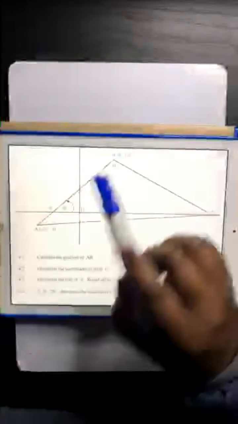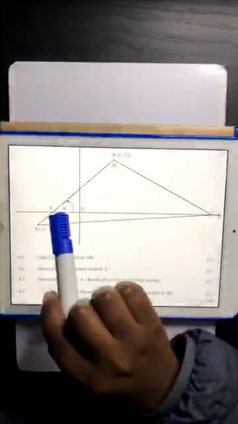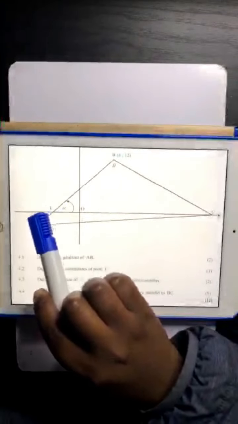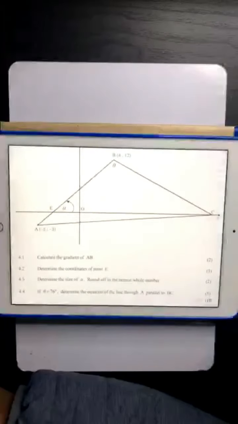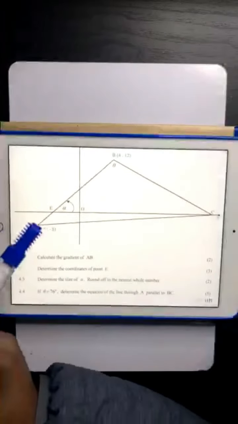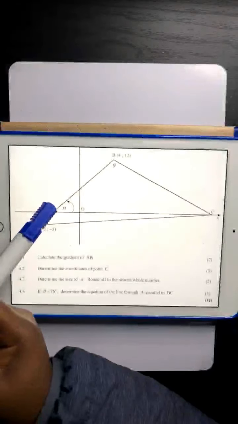You can still find the equation of that line, and then after determining the equation of that line, you use whatever information you know about E to determine the coordinates of E. Because already we know that at point E, something is 0.